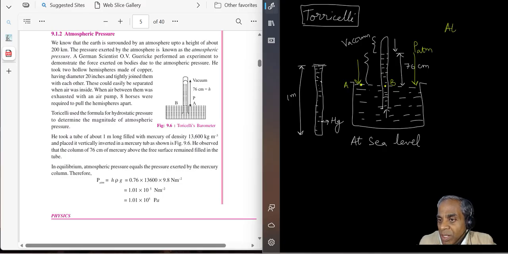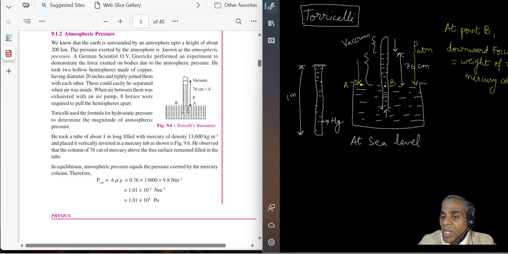At point B, downward force is nothing but the weight of the mercury column above it, right? Which is to a height of 76 centimeters from the surface level.